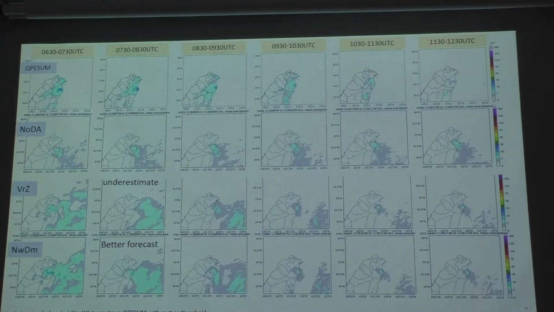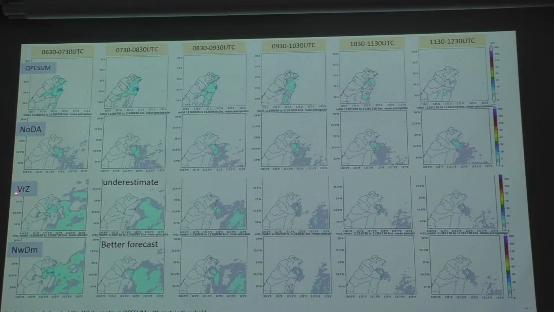Furthermore, when we examine the precipitation hourly, the QPE represents the reality on the surface. With no data assimilation, the hourly forecast amount remains similar each hour.